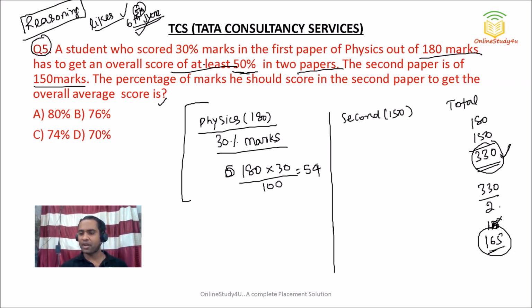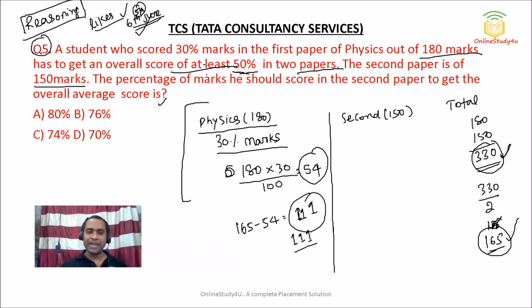Not 115, I'm sorry, it will be 165. So the student has to score 165 marks and he has scored only 54 marks in the first paper. If I subtract, it is 111. So the student has to score 111 more marks, then only he will get an overall score of minimum 50% in both papers.